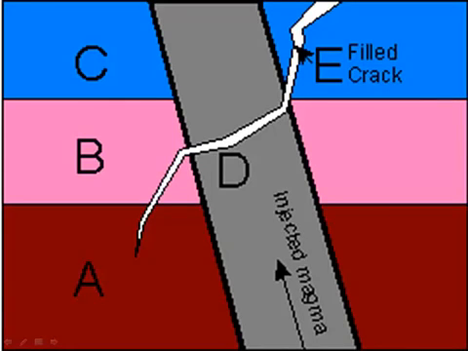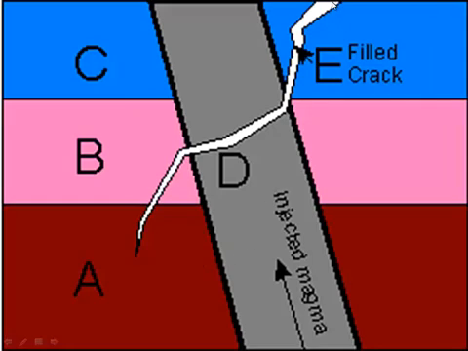Here's another. This is a really good example. I like this. So going by the law of superposition, we know that A is older than B, B is older than C. We know from cross-cutting relationships that D has to be younger than C, B, and A because it cuts across all 3 of these.